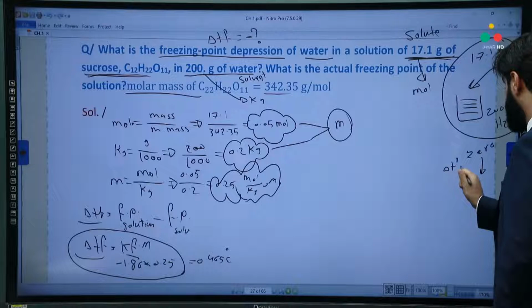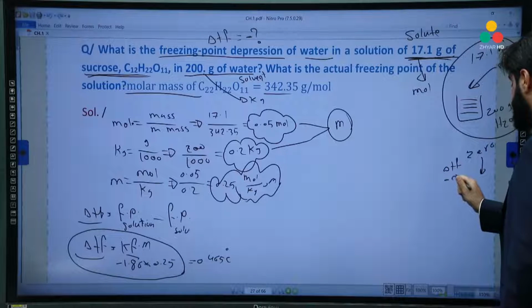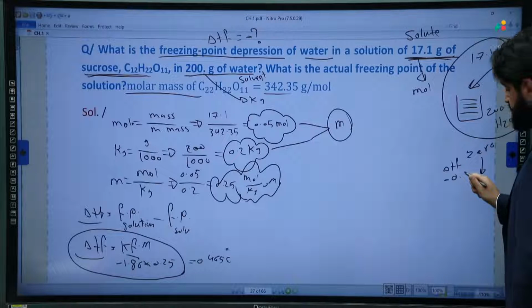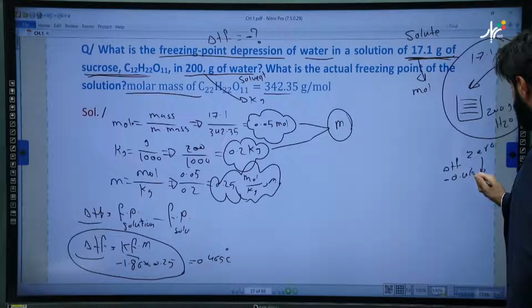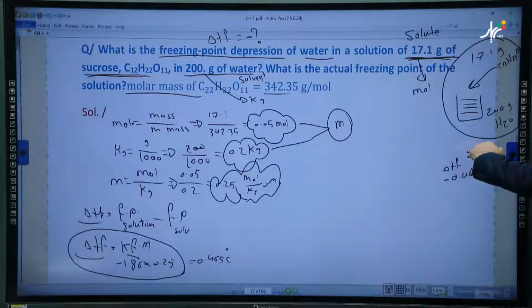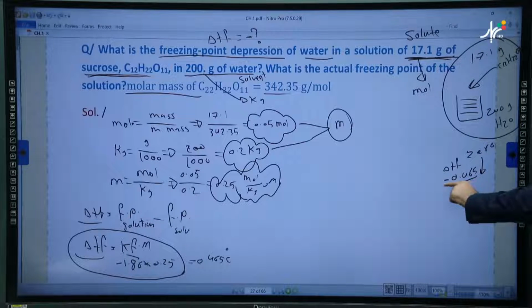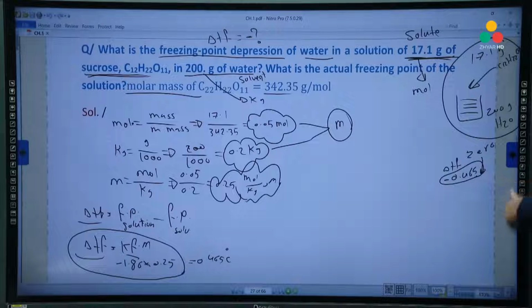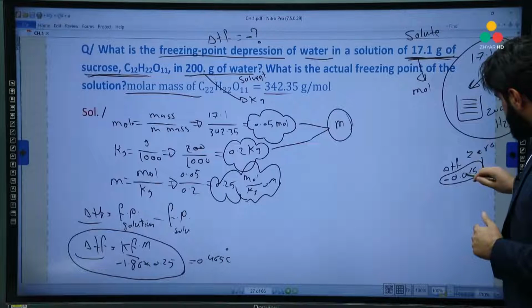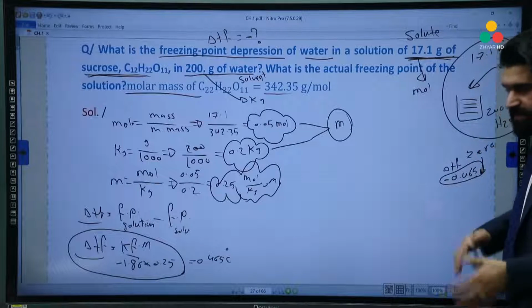Delta TF equals negative 0.465. So from 0, if the freezing point decreases by this number, what is your expectation? Look, I think you know something. This number is below 0, what's the result?